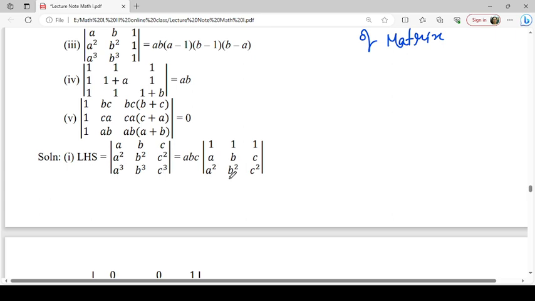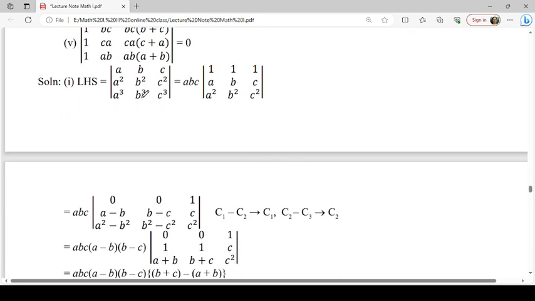So this one we are doing like this. ABC, so A is taken common, and after taking ABC common we get these columns. Now we subtract: C1 minus C2, and we write this as the new C1, with the old C1 and old C2. Then C2 minus C3, and this is the new C2.